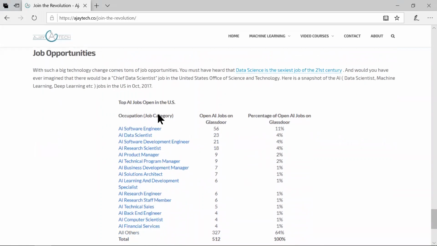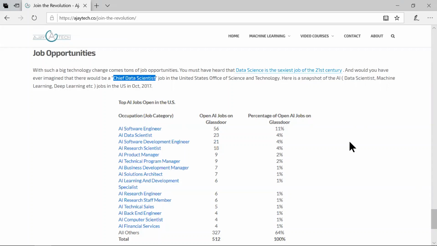Okay, now in terms of job opportunities, data science has been dubbed the sexiest job of the 21st century. And why is that? It's because there are so many jobs. This statement was given by none other than the chief data scientist. It was never a case that there was a chief data scientist.